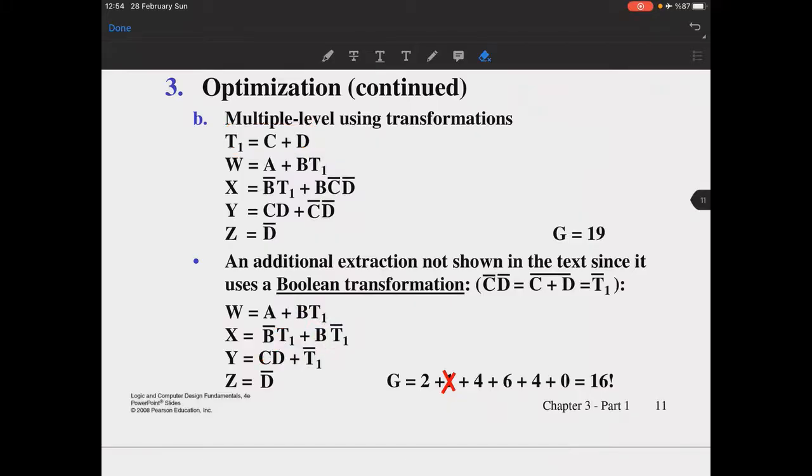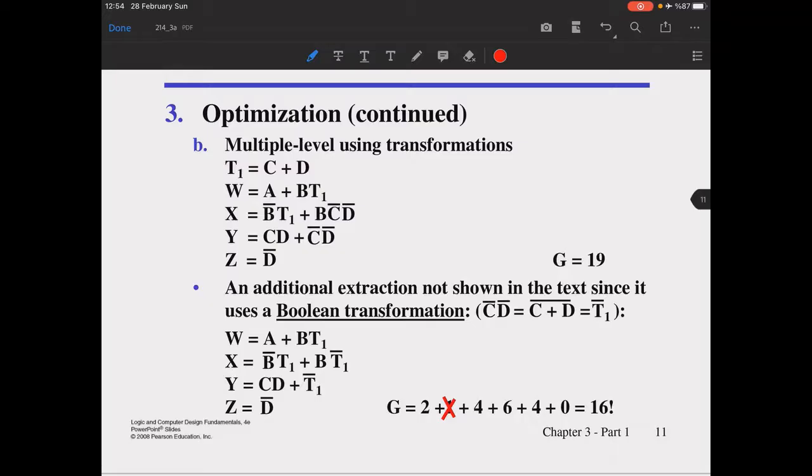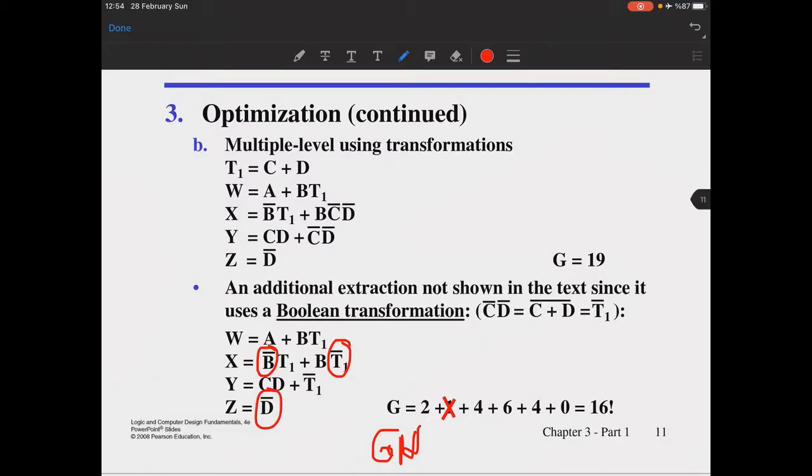And what about the gate input cost with NOTs here? If we calculate them as well, just for exercise here, like you say, an inverter here, an inverter here, an inverter here, your GN would be 19 here. And what would be your GN here? For example, here it would be 1, 2, 3 again.